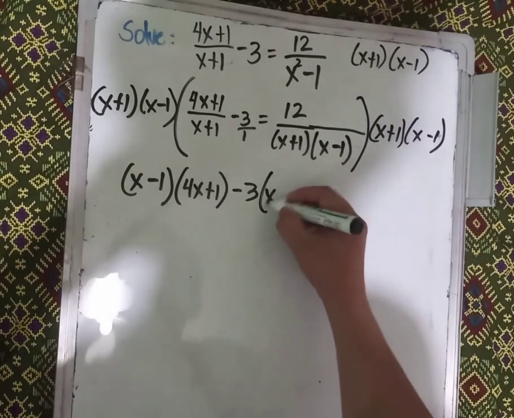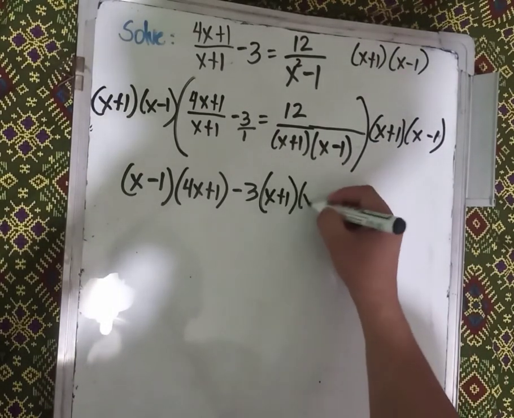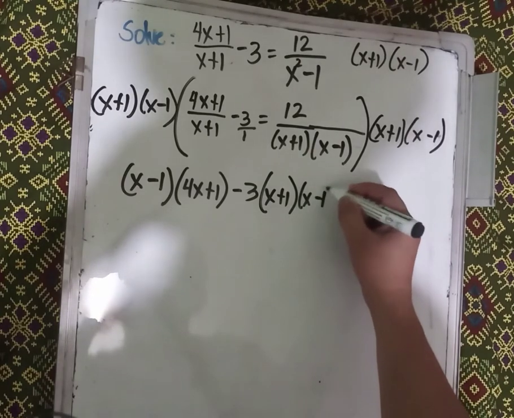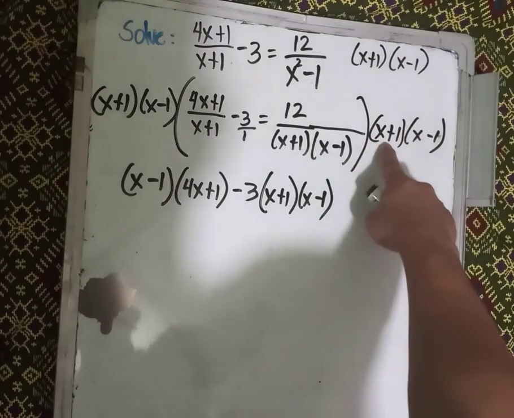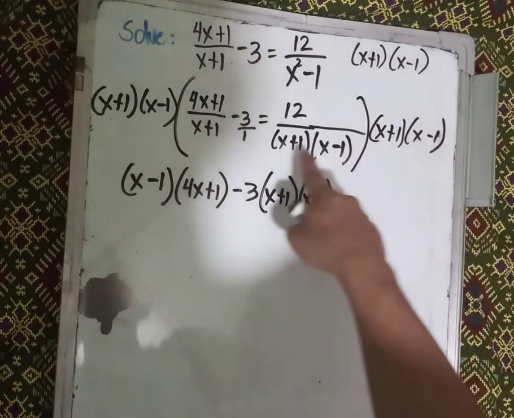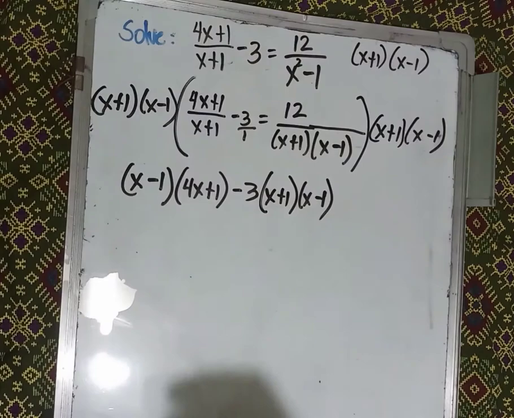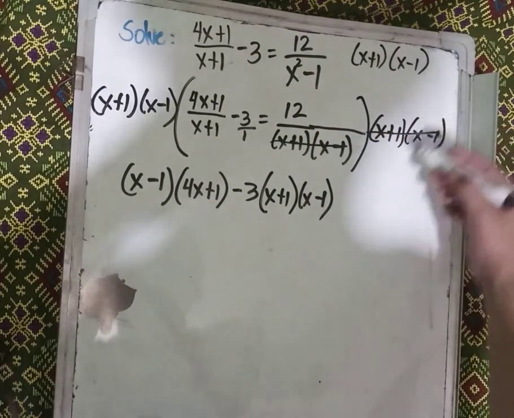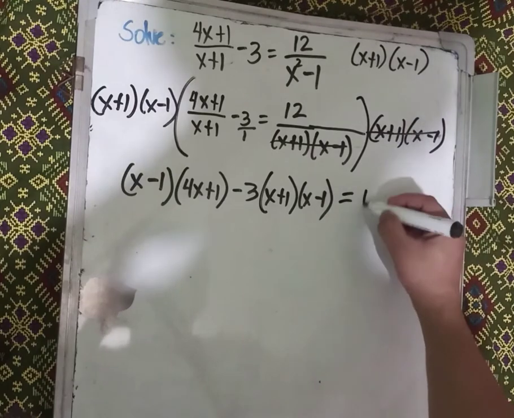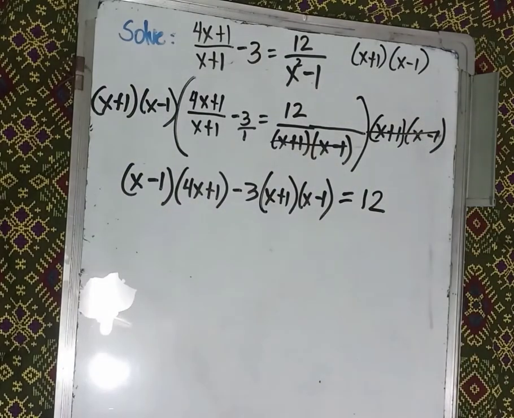So x plus 1 times x minus 1. Next, equals x plus 1 times x minus 1. I-divide mo yan dito sa denominator. Automatically, the result is 1, or ma-eliminate na yan. So the remaining value is 12.